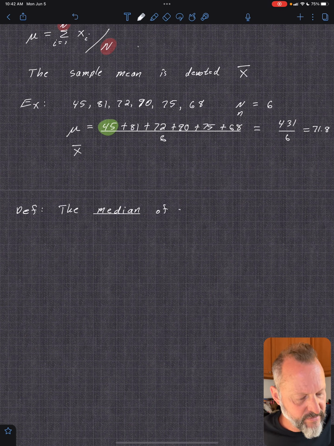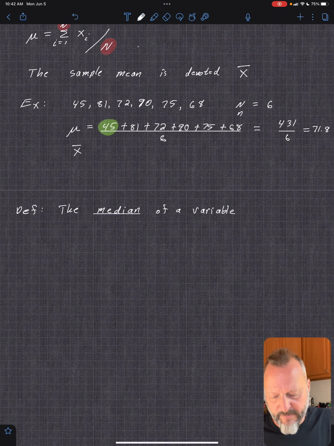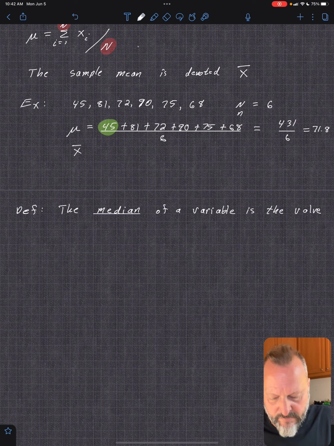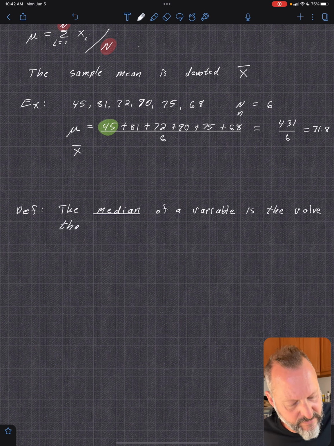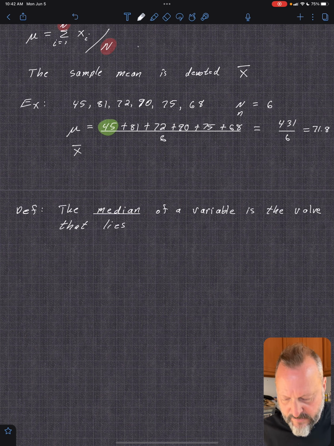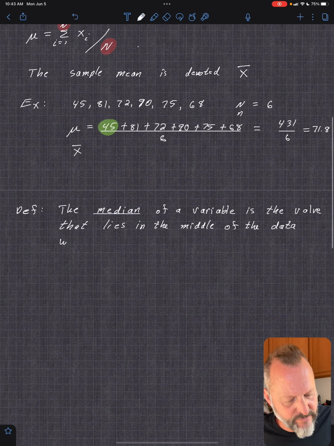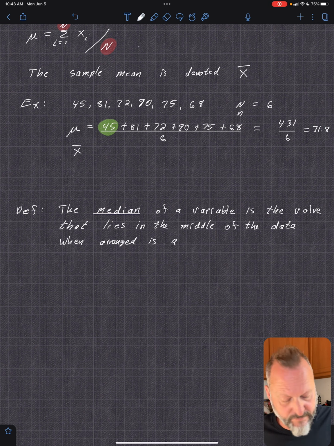The median of a variable or data point is the value that lies in the middle of the data, when arranged in ascending or descending order.